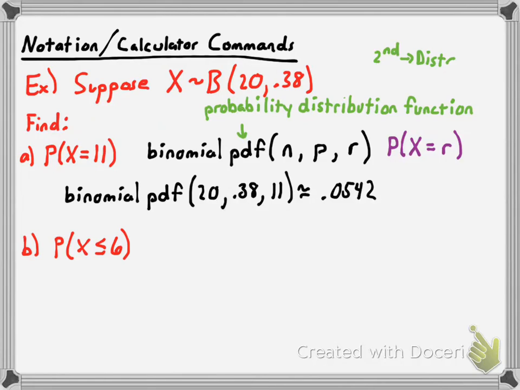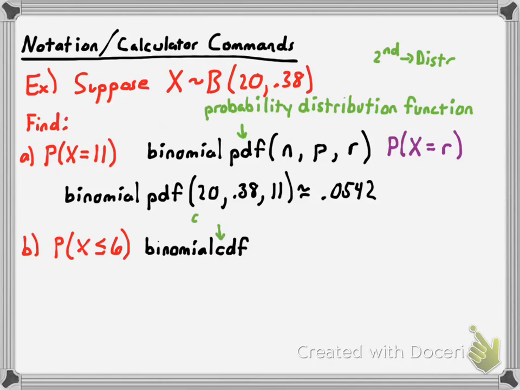If you ever want to find the probability of up to a certain number of successes in a binomial distribution, rather than use the binomialpdf function, you're going to use the binomialcdf function. The C is the thing you need to define here. You know what the D and the F stand for, distribution function.